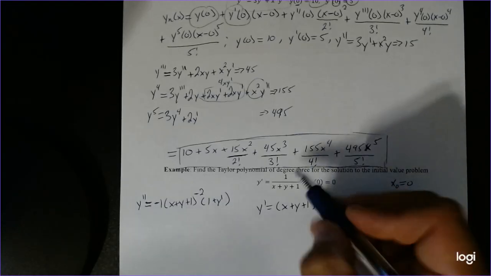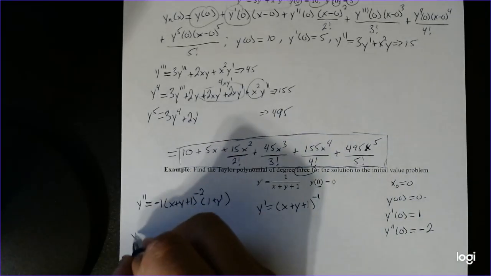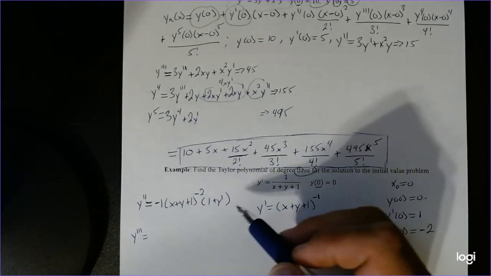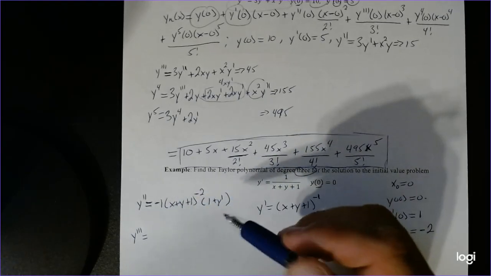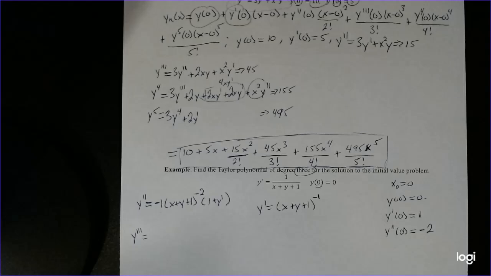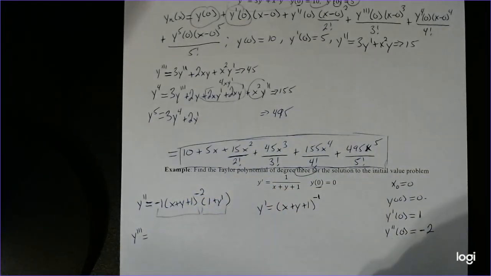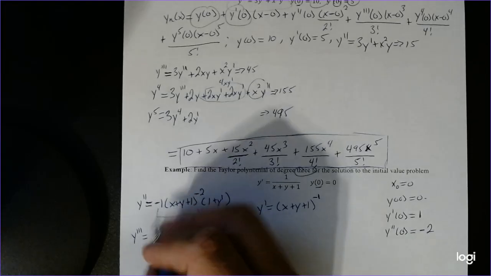And now we're just going to do one more because it's degree 3. The triple derivative is basically a combination of the product rule and the chain rule, so 2 different functions. Here is one, here's the other one. So we end up getting this.